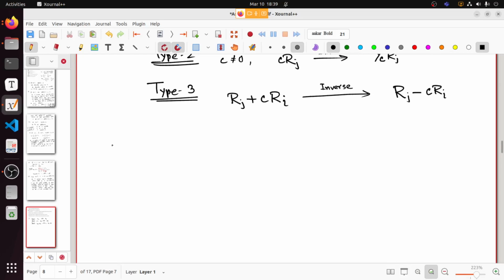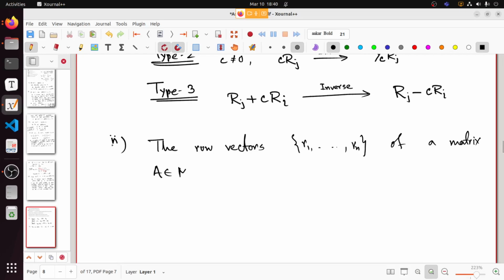So what is option number 2 saying? The row vectors R1, R2, Rn of a matrix A belonging to MnR are independent if and only if the determinant of A is non-zero, right?